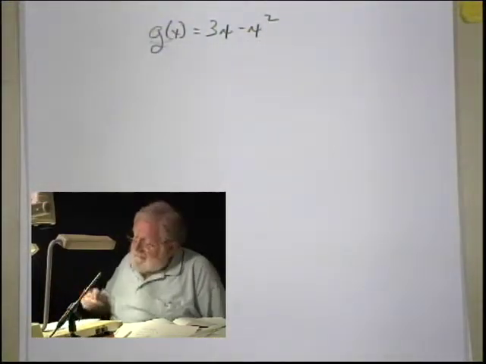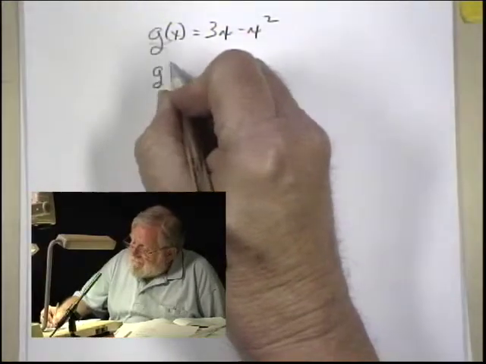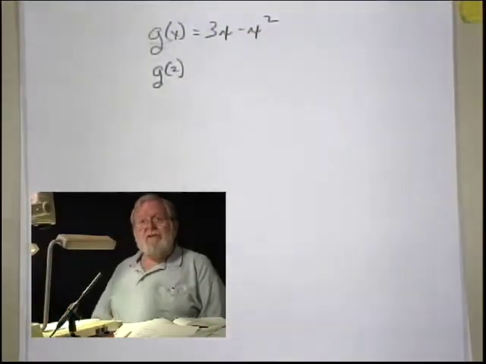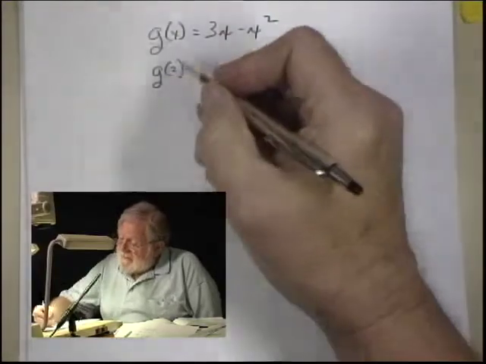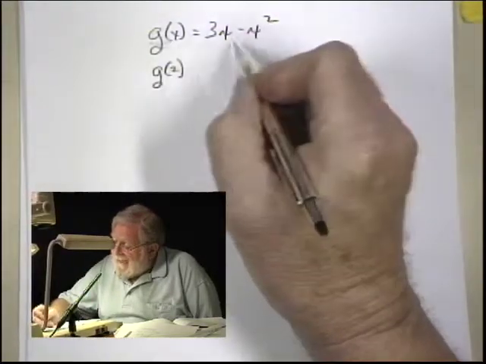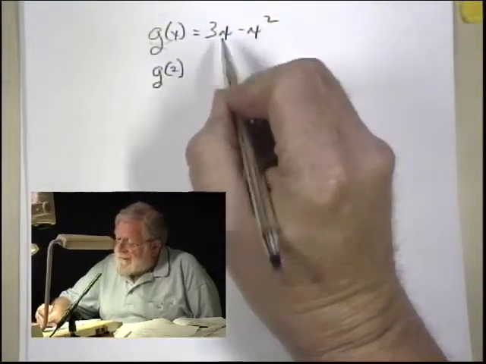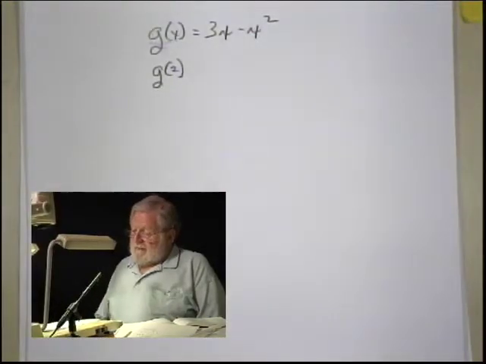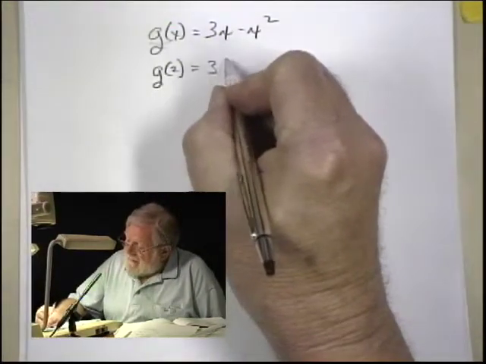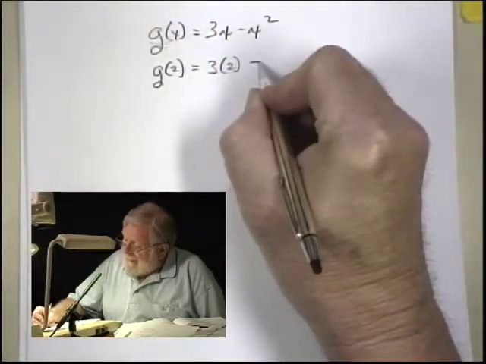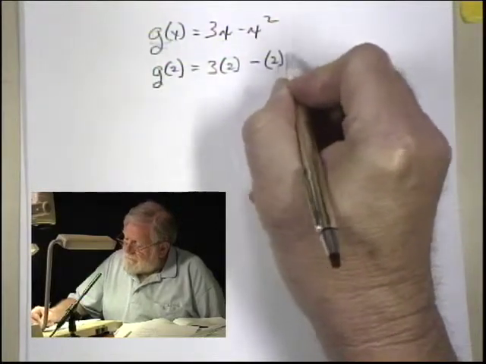And they ask us to evaluate this for g of 2, which means we're going to evaluate this function when x equals 2. So that's going to be 3 times 2 minus 2 squared.